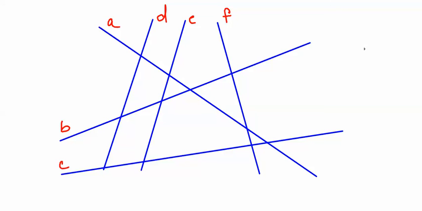To what lines? And E, F, and D. Good. Name another transversal. Kevin. A is a transversal. To which lines? D, E, and F, and A is also a transversal to B and C, isn't it? Okay. Make any sense? The transversal intersects two or more other lines. Okay. Any questions?